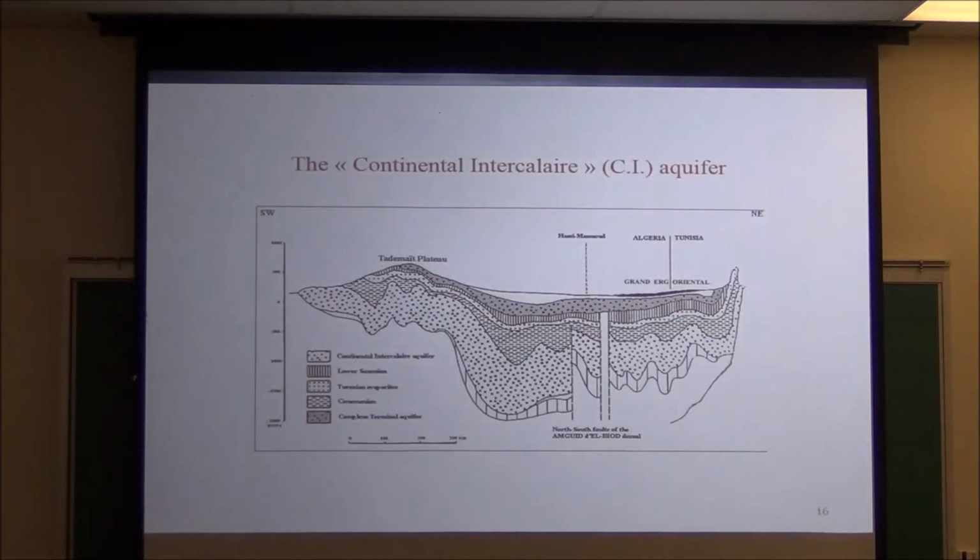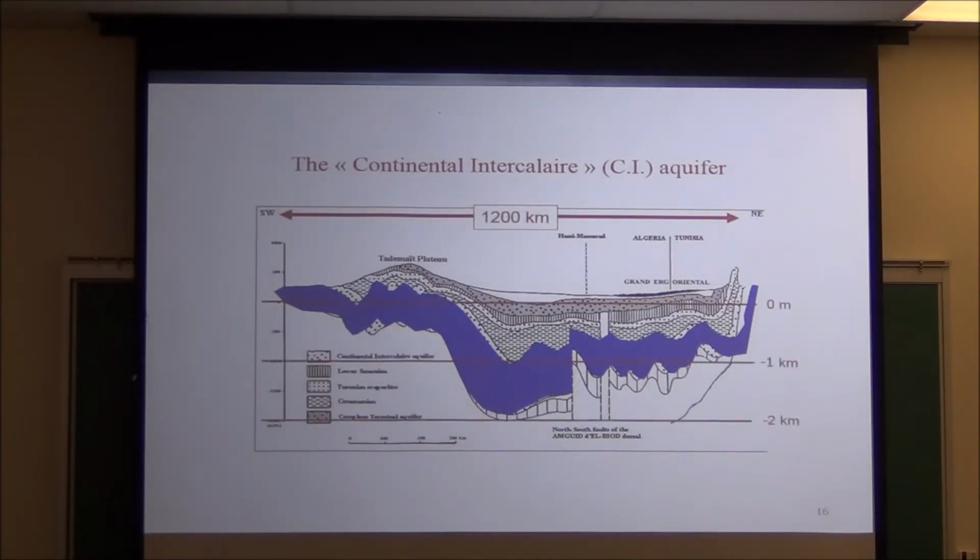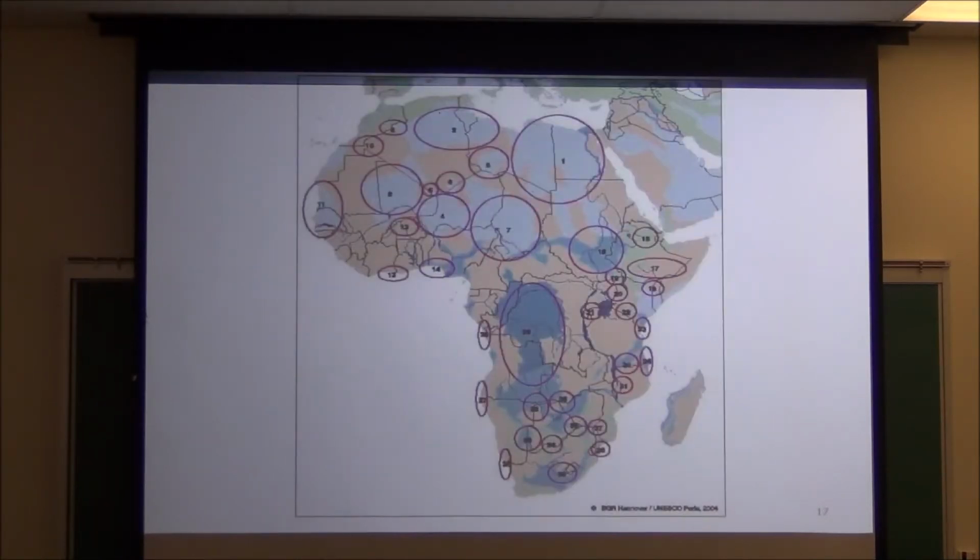The continental intercalaire is 1,200 kilometers wide and 2 kilometers deep. The biggest is the Nubian sandstone shared by Egypt, Libya, and Sudan, the second biggest is the continental intercalaire, and the third one is the Iullemeden aquifer shared between Algeria, Mauritania, and Niger.